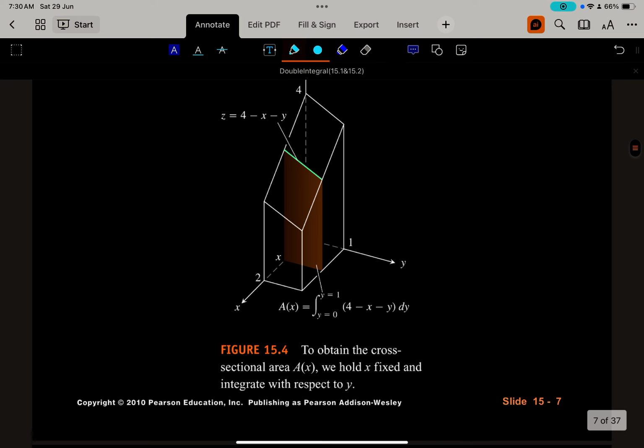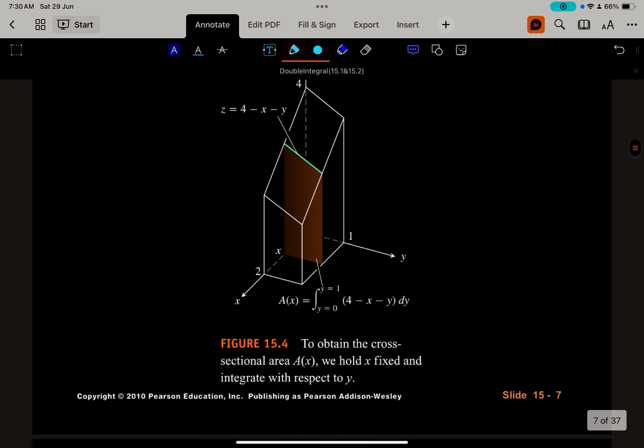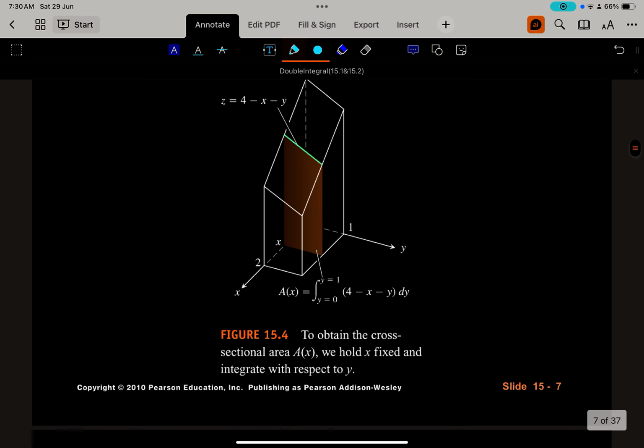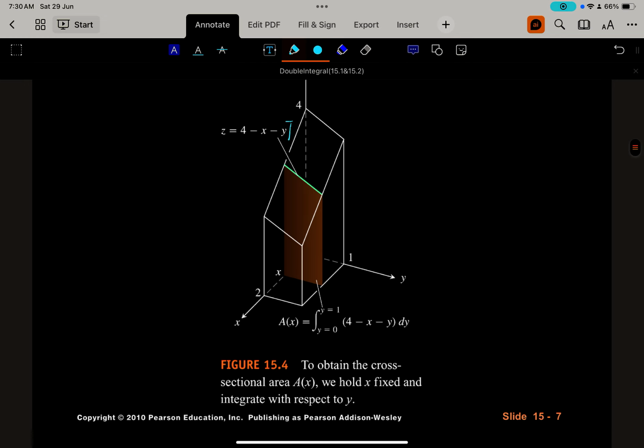And so now this is another solid, okay? And this is also a way to obtain the cross-sectional area. So in order to obtain a cross-sectional area at a specific point of the solid, we can basically hold, for example, this is our plane representing a cross-section.